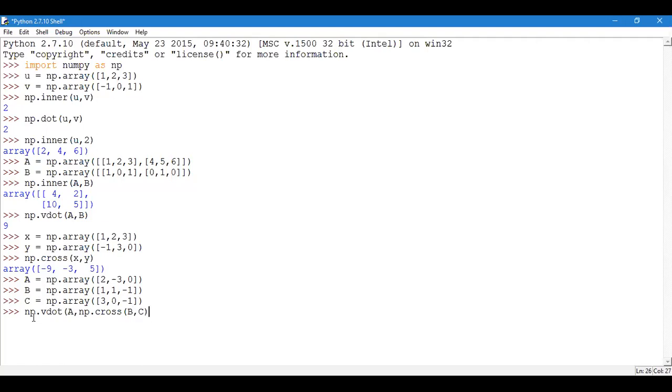This is a very beautiful example where you are using the dot product as well as the cross product. It will fetch you the volume of the parallelepiped and it gives me the result. For one-dimensional arrays, you must keep in mind that the inner product and the dot product are always the same.